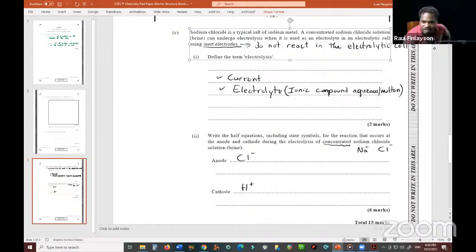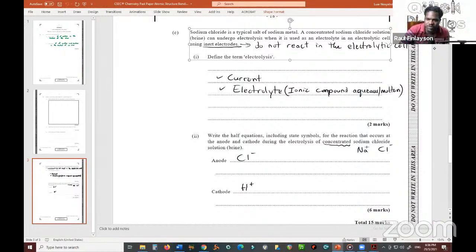That's like an electrode that is participating in the reaction. But when it's not participating, it's neutral. So it really doesn't care about what is happening inside the solution.